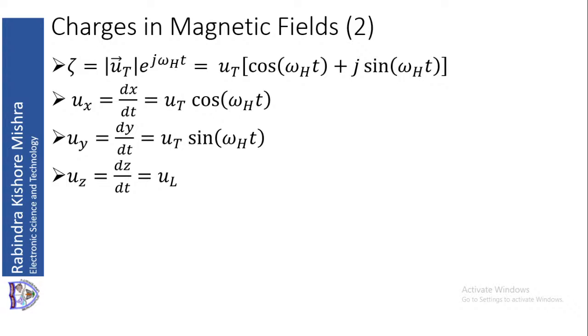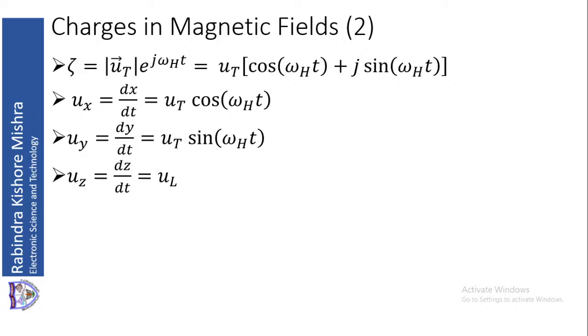Now what about ug? ug will be dg by dt, that is equal to ul, because we have said that the magnetic field is along the z direction and ul is also along the z direction, which is the longitudinal component of the velocity.